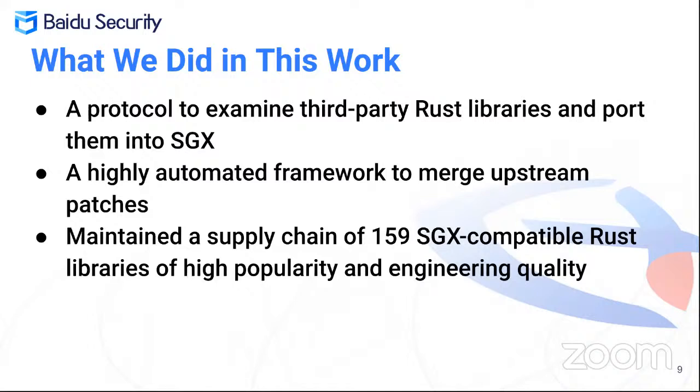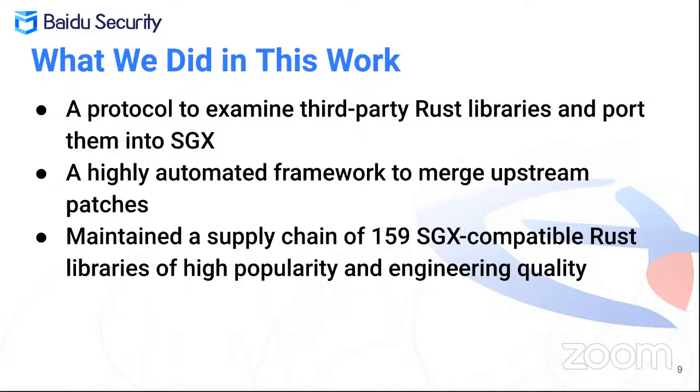We want to build a supply chain of Rust libraries that are secure within the SGX threat model to boost enclave development productivity. For this objective, we design a protocol to examine and audit third-party Rust libraries and securely port them into SGX.